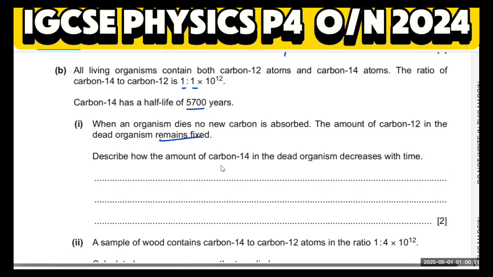Describe how the amount of carbon 14 in a dead organism decreases with time, because carbon 14 is unstable, as I explained. After each 5,700 years, carbon 14 decreases by half. So first of all, 2 marks. You write carbon 14 is unstable, or you can write it decays with time.